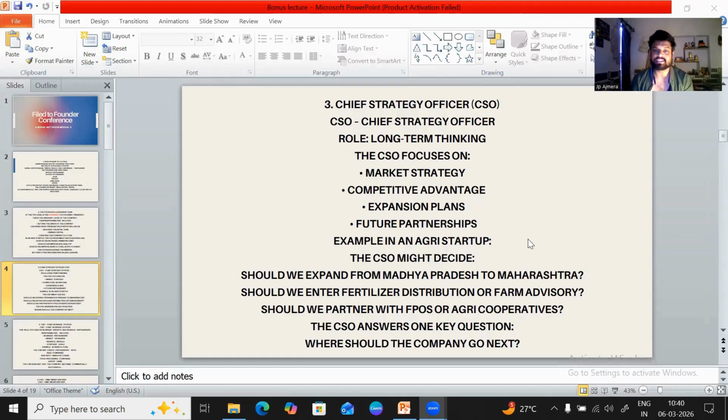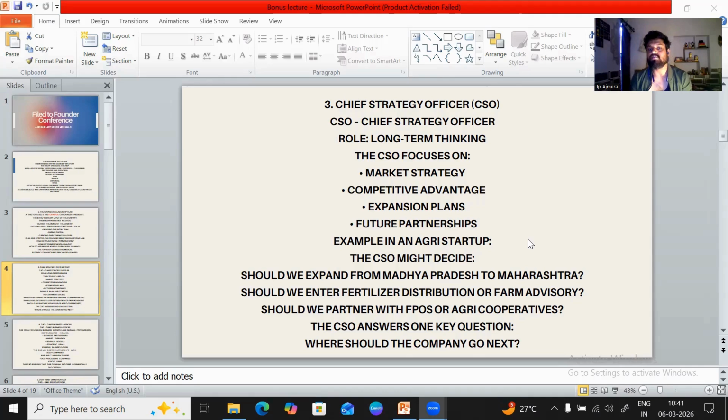These are the agriculture commodities. If they want more expansion of their startup, or want to grow together to impact more consumers in the same sector, they can partner with FPOs and agri cooperatives. These kinds of things are generally decided by the CSO because he makes the strategy for how the company expands on a large scale.